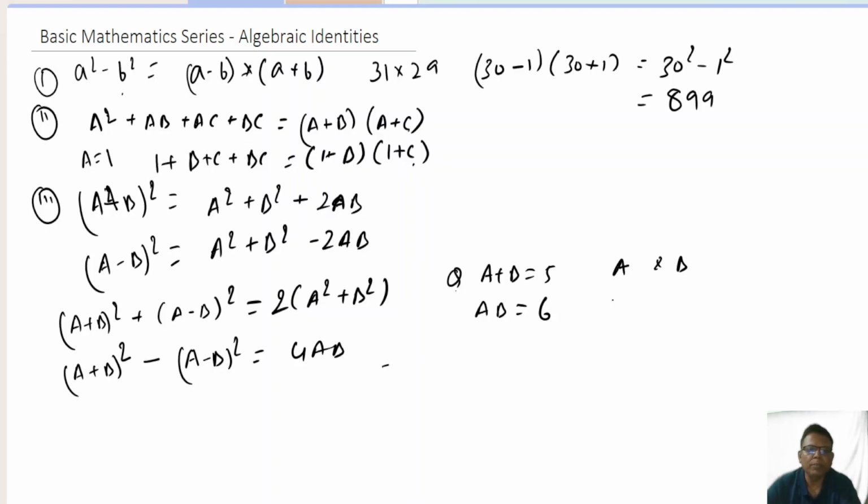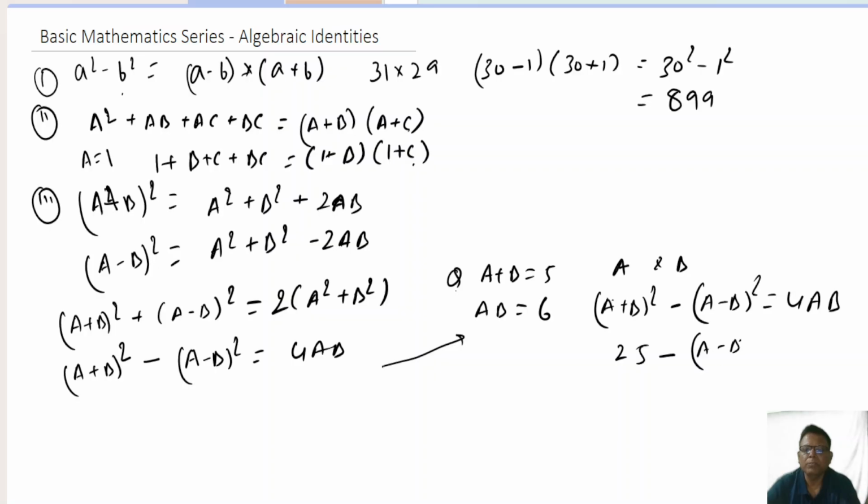Then you use this formula: a plus b the whole square minus a minus b the whole square is equal to 4ab. A plus b the whole square is 25 minus a minus b the whole square is 4 into 6, 24. So a minus b the whole square is 1. So a minus b is equal to plus minus 1.